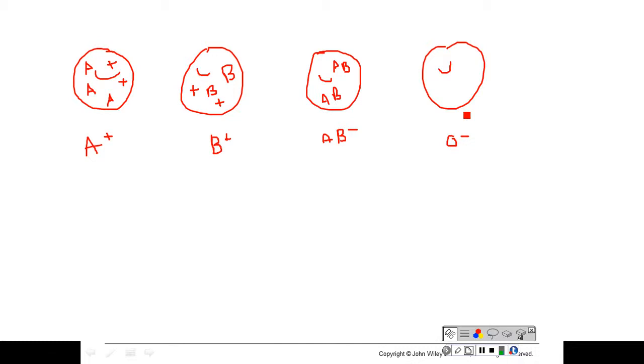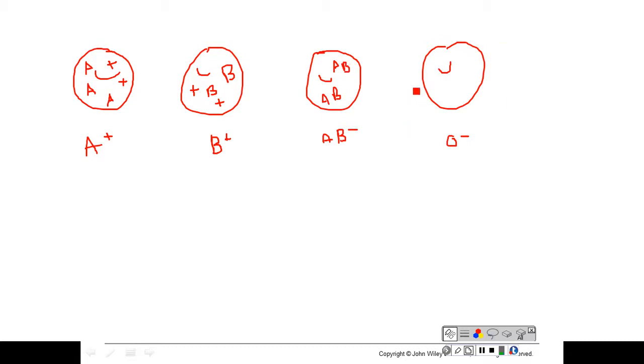However, if this O negative person needed a donor, just plug it in my computer here, sorry. If this O negative person needed a donor, they would not be able to get blood from this AB negative person because this AB negative person has A and B antigens. This O negative person's blood will respond and attack those A and B antigens.